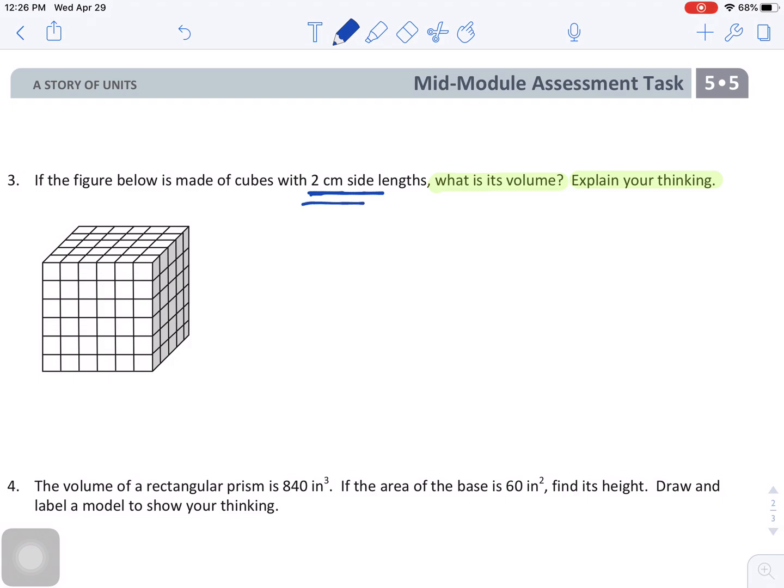So each cube is 2 centimeters by 2 centimeters by 2 centimeters. All right, so the first thing that I need to remember is, how do I find volume? And I'm sure that all of you are going, it's length times width times height, or the base times the height.